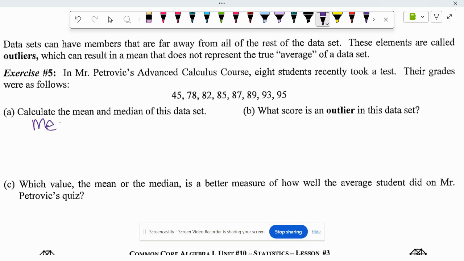Matthew, you're going to do the mean for me. And the median is Seamus. Matthew and Seamus. Those are the sticks that I picked. So we have 8 students, 8 numbers that you're putting into your data set.